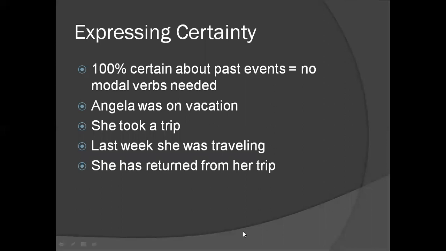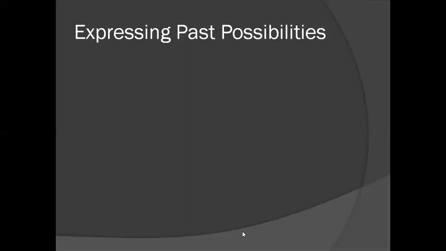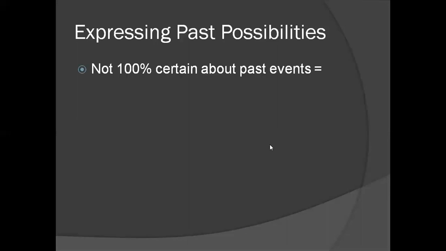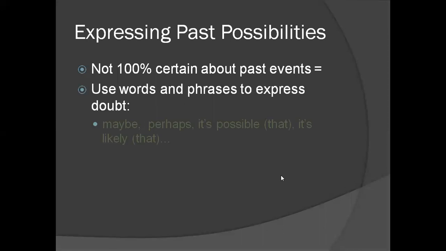So this is what I showed you just now. Then past possibilities. How would you talk about past possibilities when you're not 100% certain about past events? Now you are guessing that something might have happened, but you're not sure about it. Then we use maybe, perhaps, it's possible that, it's likely.